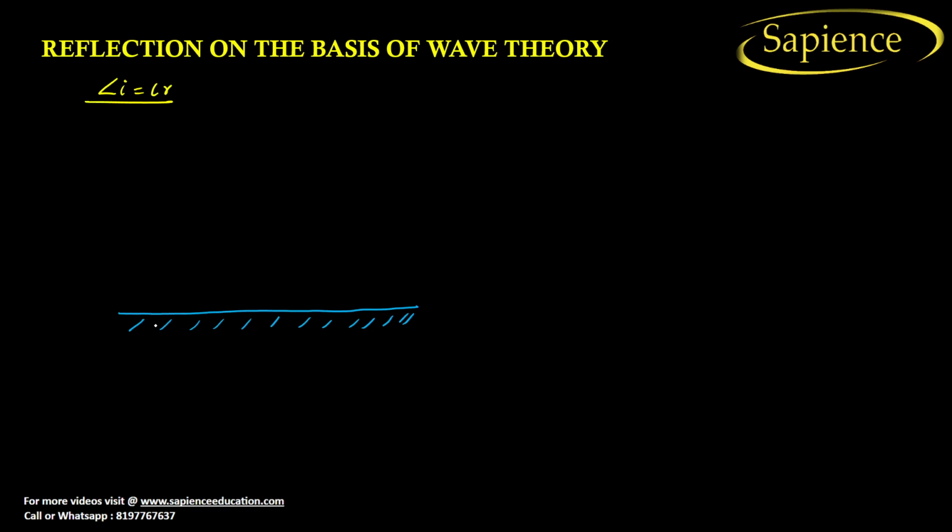So let us consider a wavefront of a parallel beam of light. So this is your wavefront of the parallel beam of light. Now what is the angle of incidence?